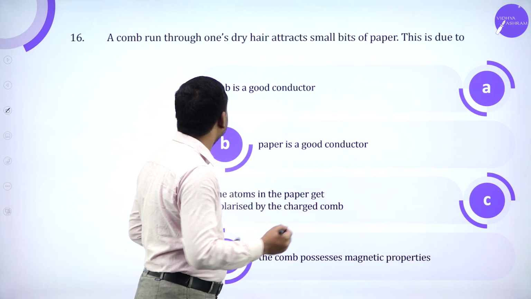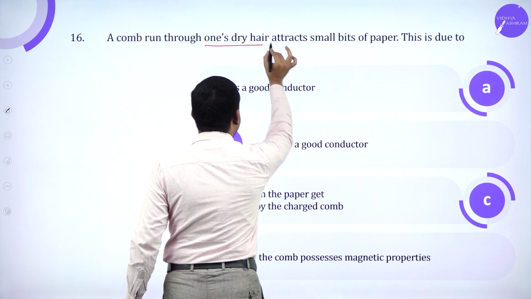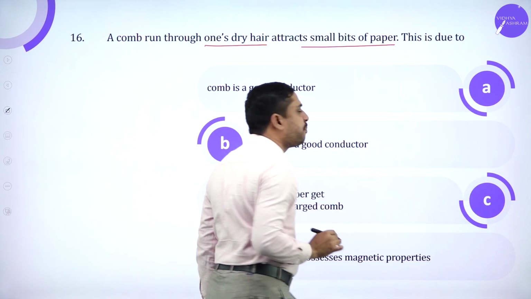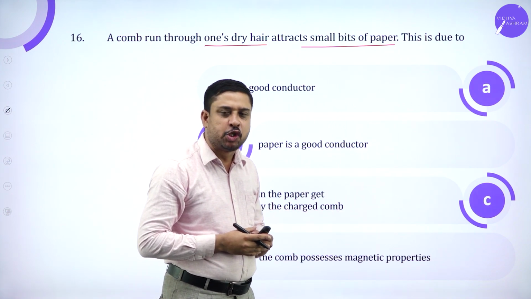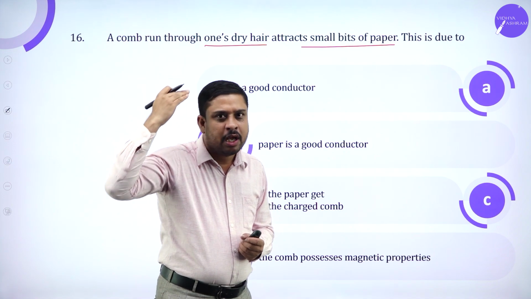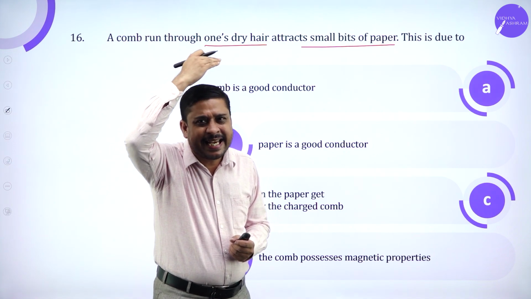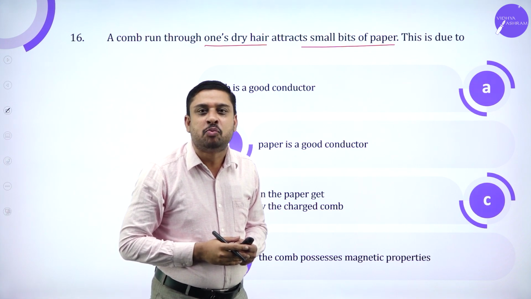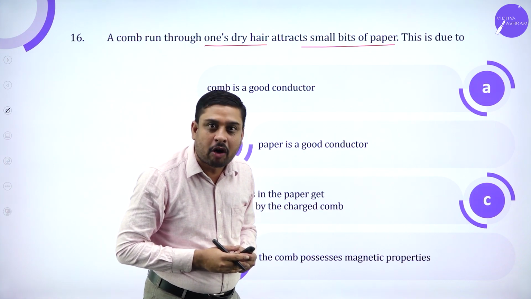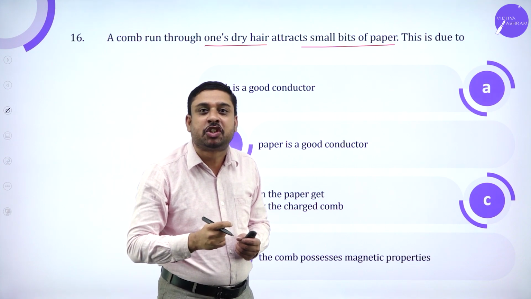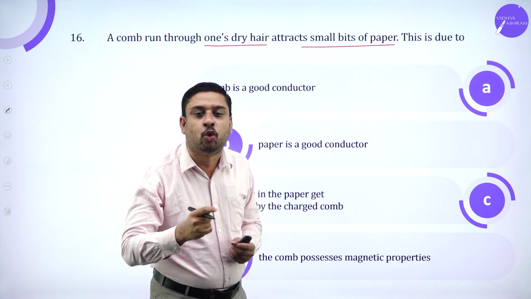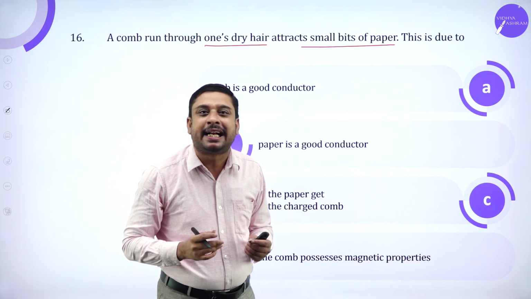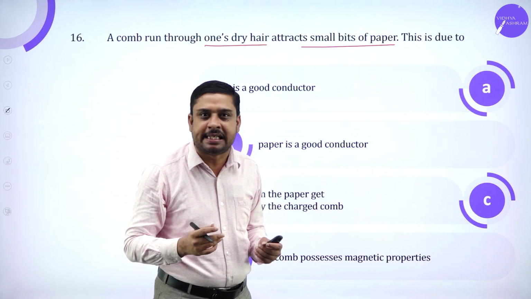The next one, a comb run through one's dry hair attracts small bits of paper. This is due to, when we rub a comb on dry hair, the comb can attract small bits of paper because there is friction between the comb and the paper, because of which the atoms in the paper get polarized.